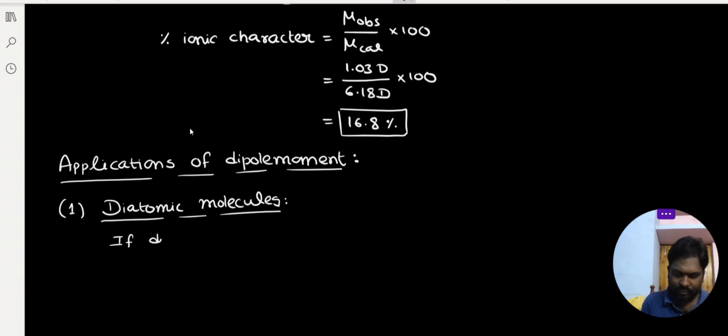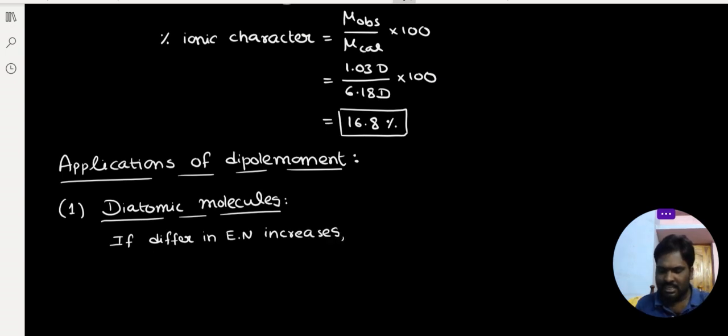If the difference in electronegativity increases, then bond polarity increases.